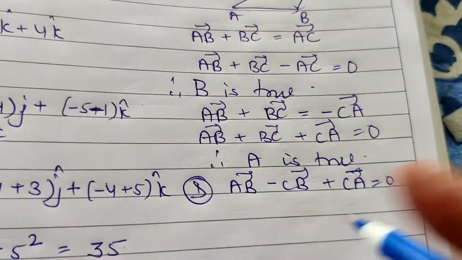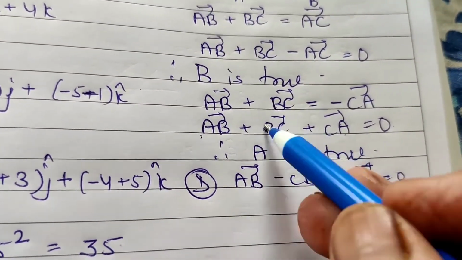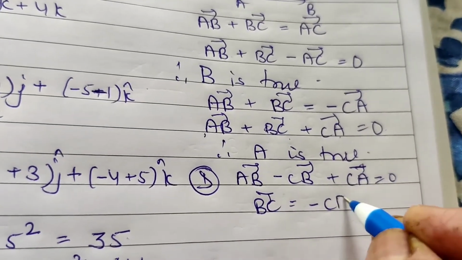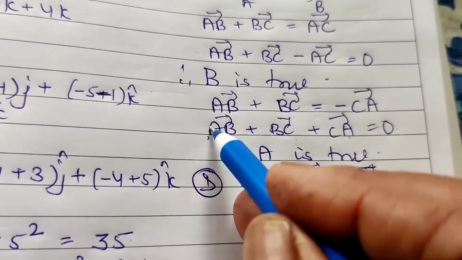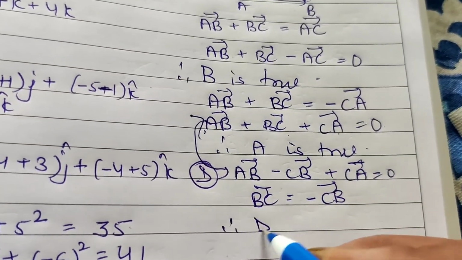Check: AB plus BC plus CA equals 0, so we can write BC equal to minus CB. So these are equivalent. Therefore D is true.